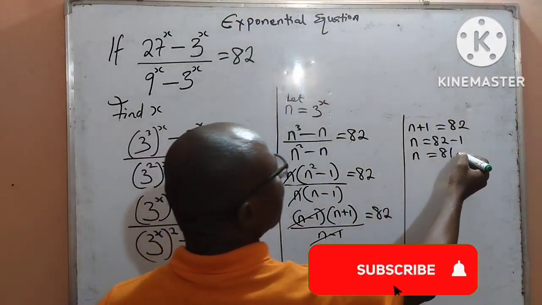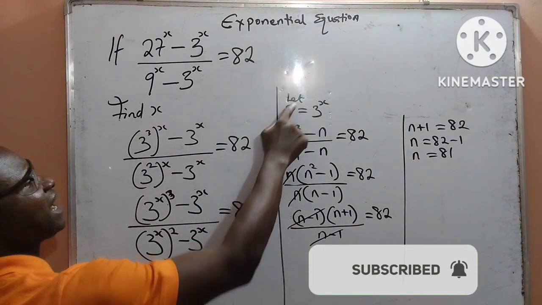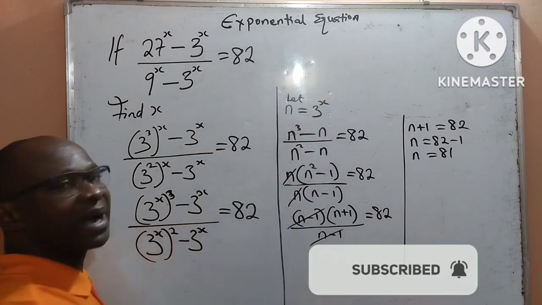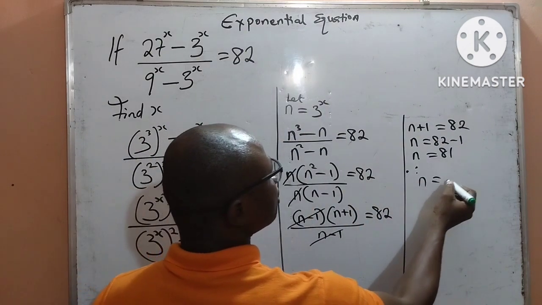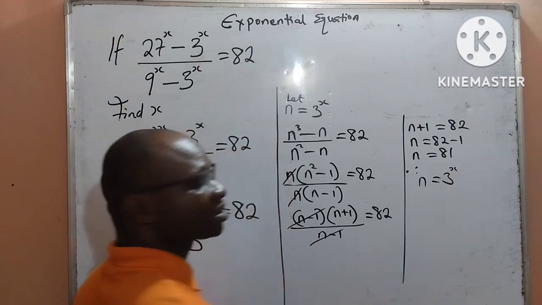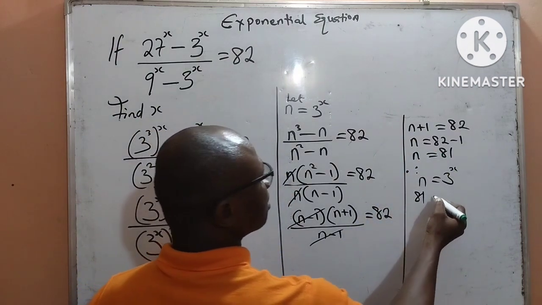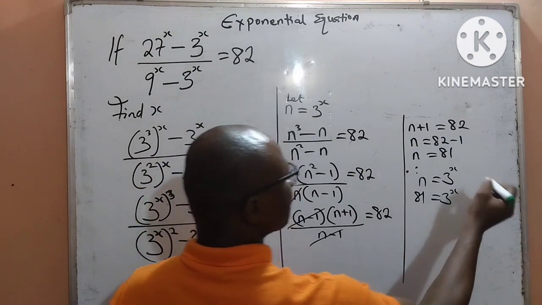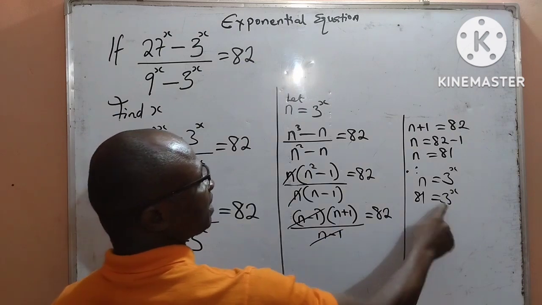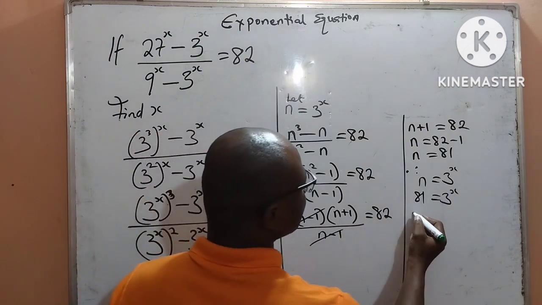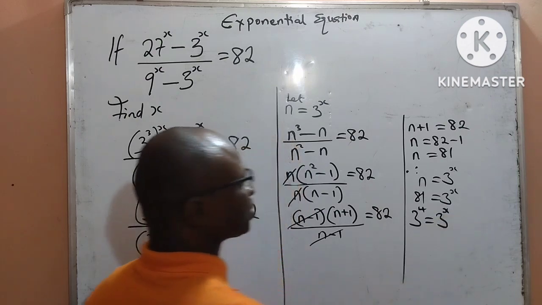That is for n. But then we said let n be equal to 3^x. Therefore, I now replace n with 81, so 81 equals 3^x. But 81 can be written in base 3 as 3^4, equal to 3^x.